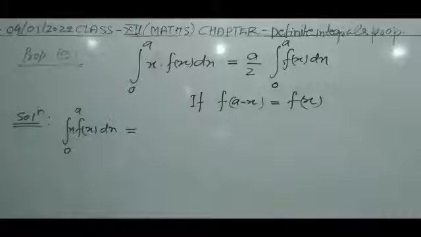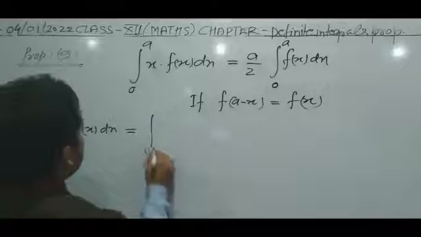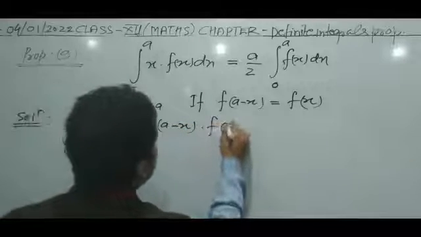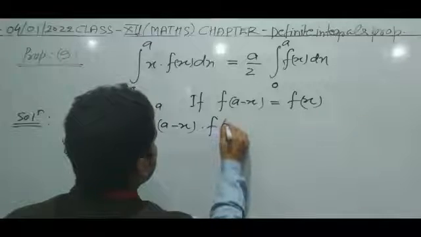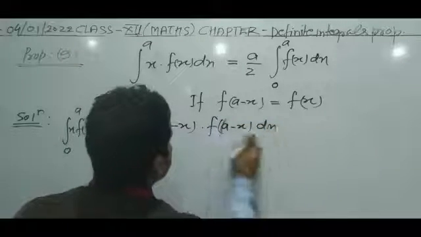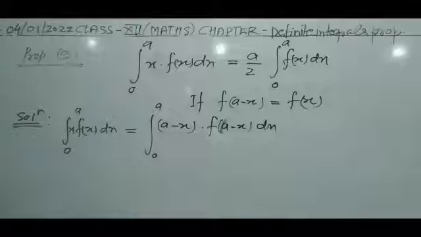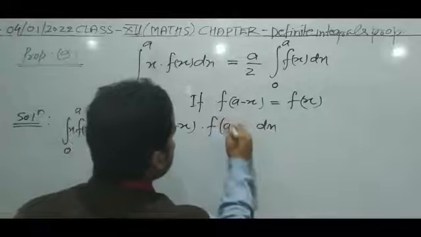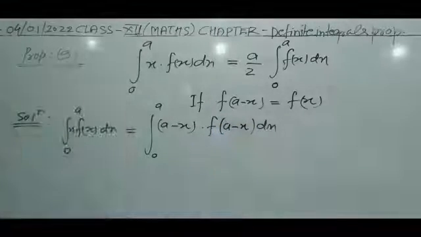This is the left hand statement, and this statement we can write as integration over 0 to a of (a minus x) times f of (a minus x) dx.